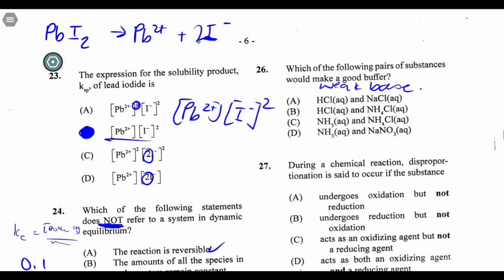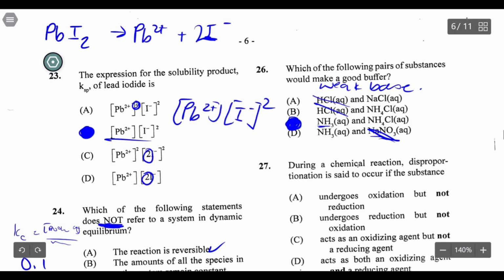In this case, HCl is a strong acid, so this is out of the picture. Now ammonia, and we need the salt of this ammonia. So it cannot be sodium nitrate, so that answer is incorrect. Ammonium chloride would be a salt of it, so the answer is C.